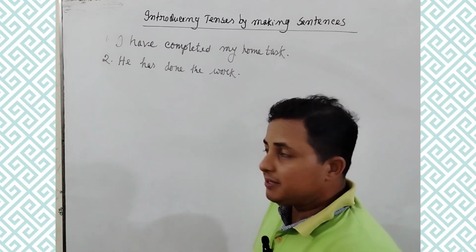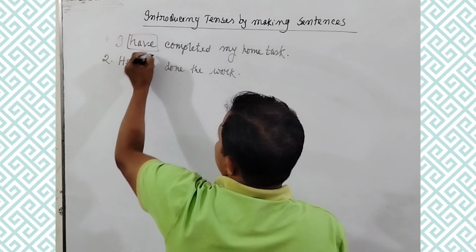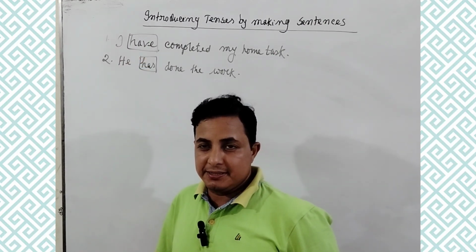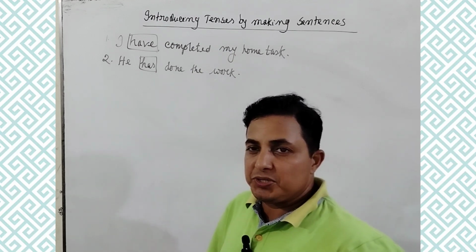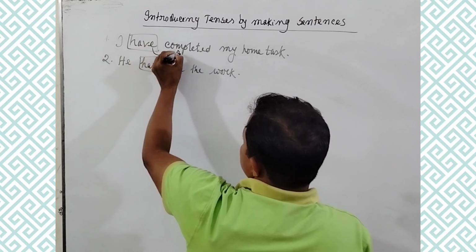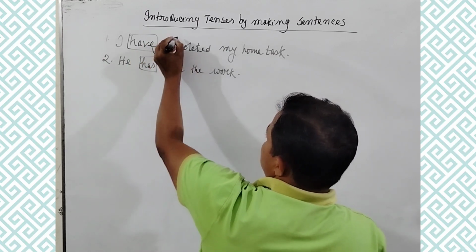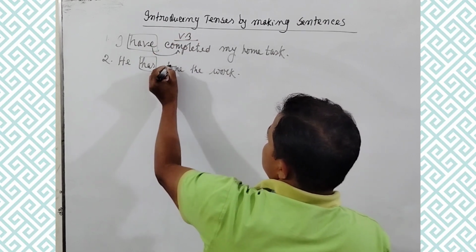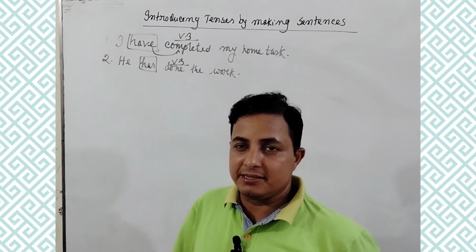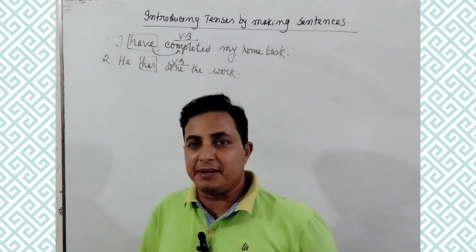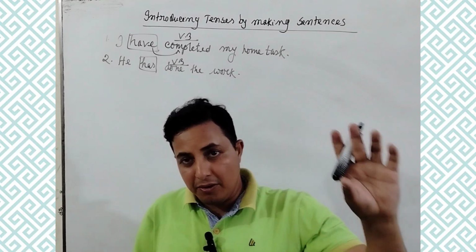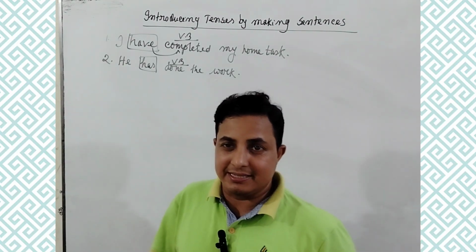Dear learners, have or has is the auxiliary verb of present perfect tense. How do you know? After have, has, if you see the verb in past participle form, that is B3, you will understand it's called present perfect tense. That is in present perfect, past perfect and future perfect, in every perfect tense, after the auxiliary verb, B3, the past participle form, must be used.